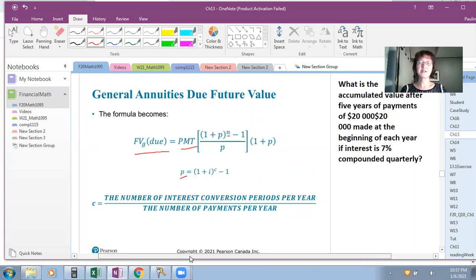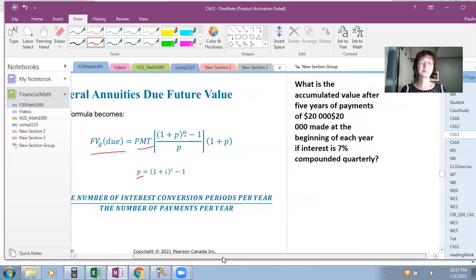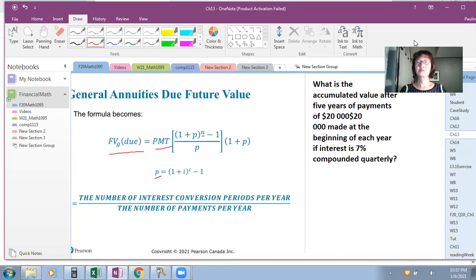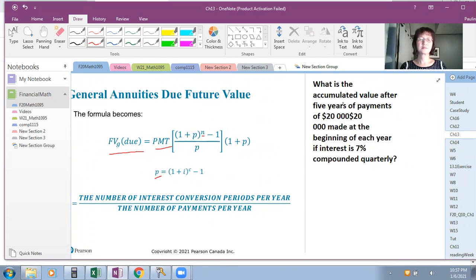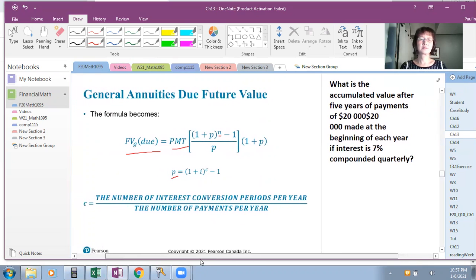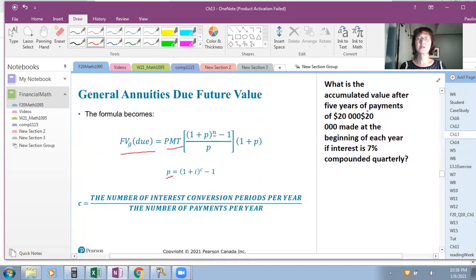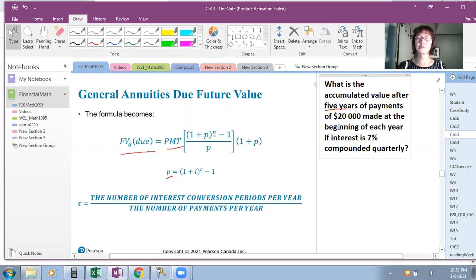So now let's look at this example. What is the accumulated value after 5 years of payment, 20,000 at the beginning of each year, if interest is 7% compounded quarterly?